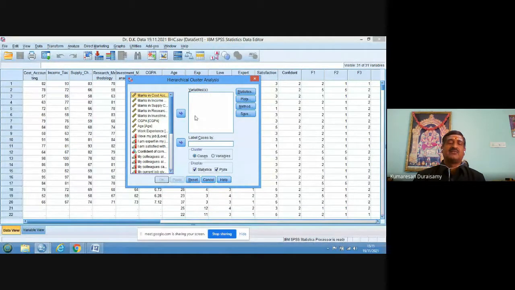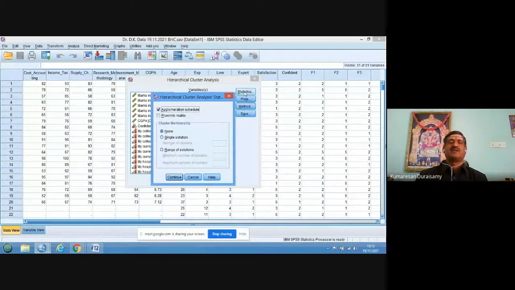Here we do not discriminate the dependent and independent variables. We take all the variables together, whether dependent variable or independent variable. Bring them to the right hand side. Then go to the buttons.